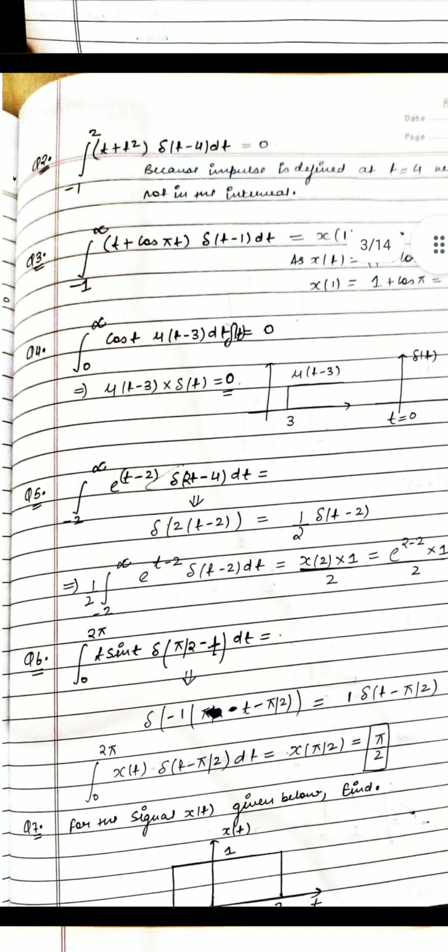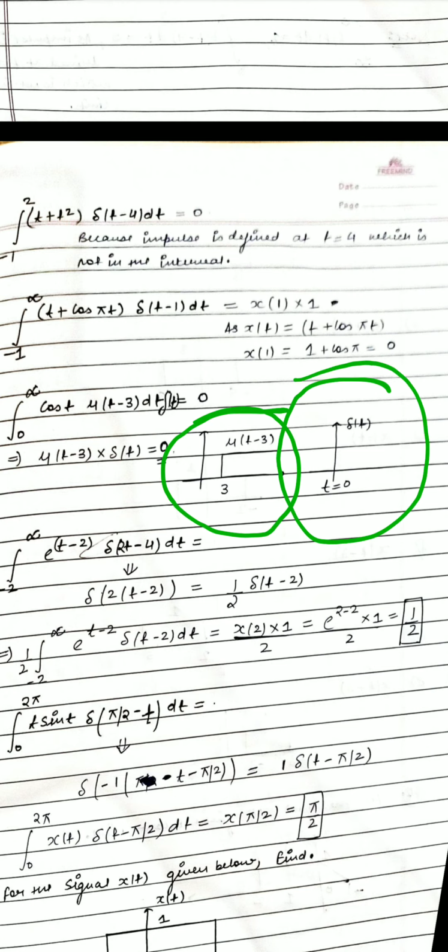In this question, as the impulse is defined at t is equal to 0, first we have to solve u of t minus 3 into del of t. So u of t minus 3 into del of t is 0. Why? Because u of t minus 3 is defined from t is equal to 3, and del of t is defined at t is equal to 0.